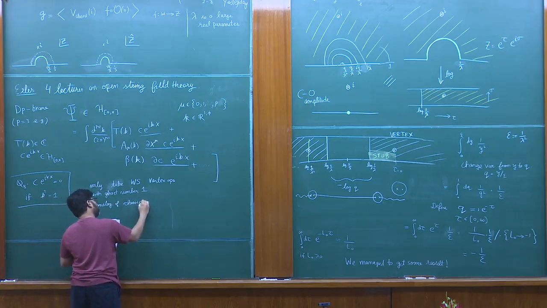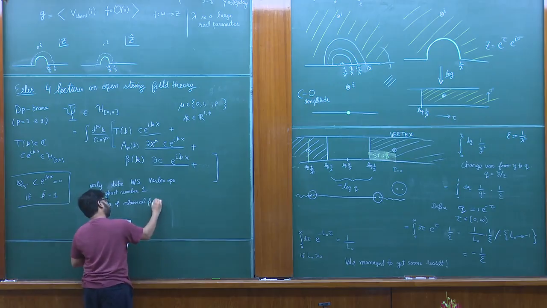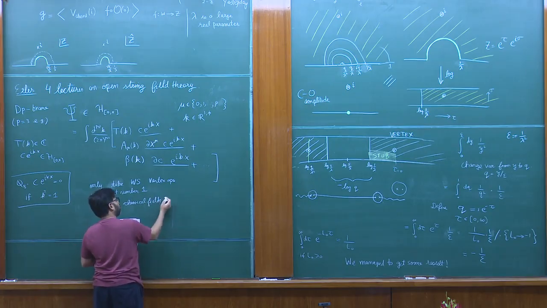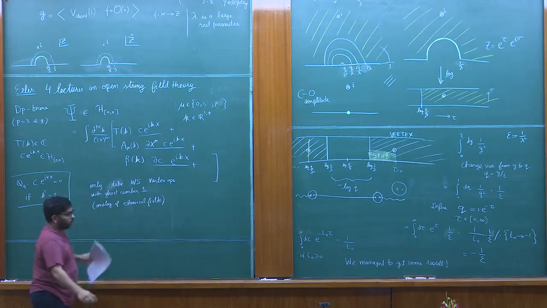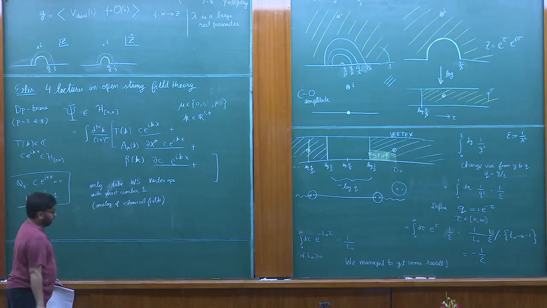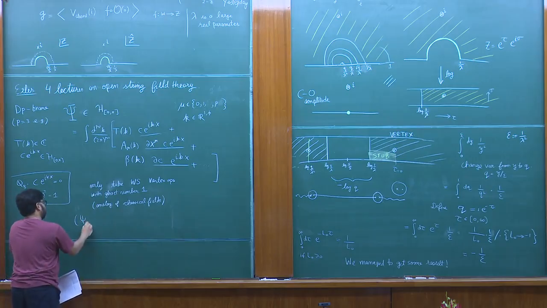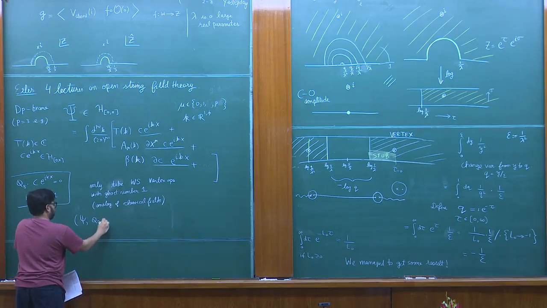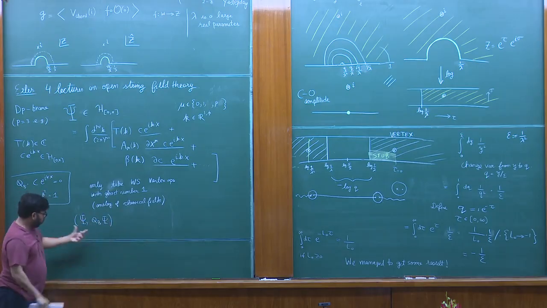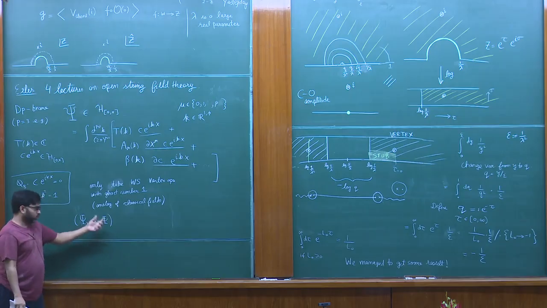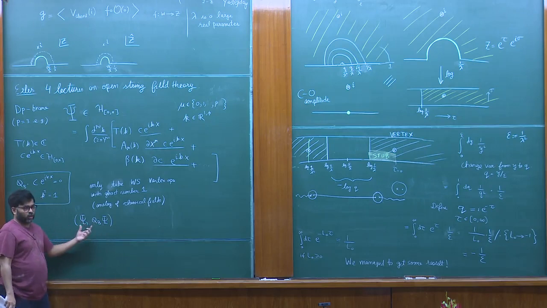Sorry, Raghu. You said that the quadratic action is known. But can it be written in some nice way in terms of psi? Yes. So it's just psi, Q_B psi. Q_B is just an operator that acts on psi, it produces a new state, and this pairing is just the BPZ inner product on that Hilbert space.